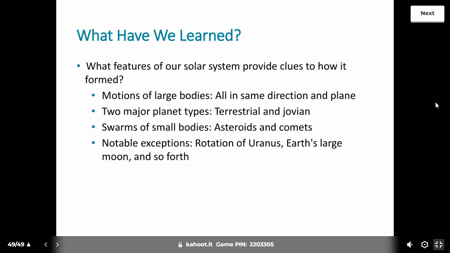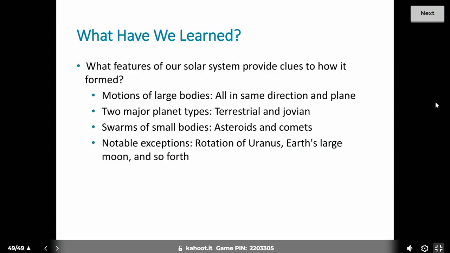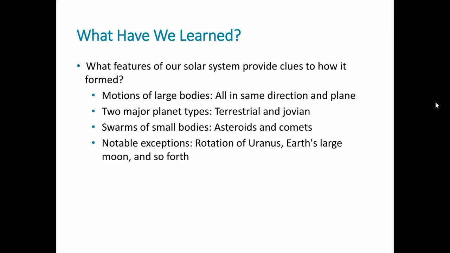The features of the solar system that point towards the nebular theory are the motions of their orbits and rotations, the fact that we have rocky planets close to the sun and gas planets further away, and the leftovers of solar system formation in the form of asteroids and comets. Then we have to invoke the collision of planetesimals to explain the exceptions: the rotation of Uranus, the Earth's large moon, the rotation of Venus, etc.